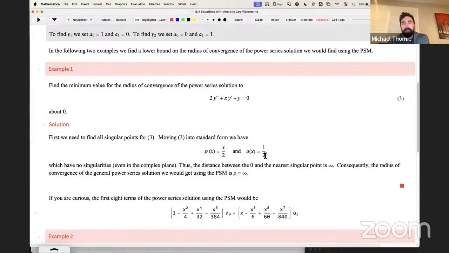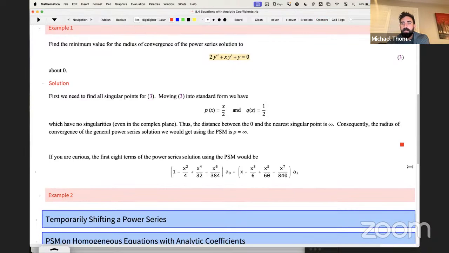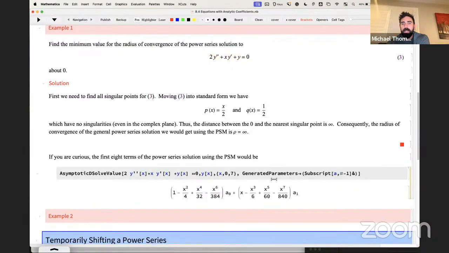Okay. All right. By the way, if you're curious what the solution to this would be, if you were to use the PCM, you could actually do it to get some practice. You could check your solution using this code that I supplied right here.